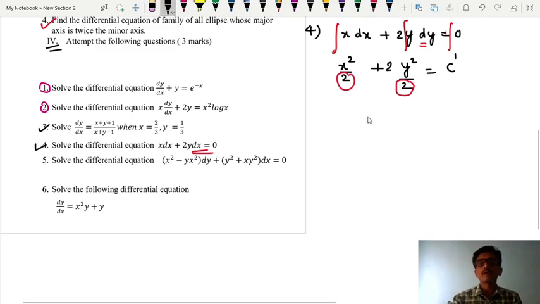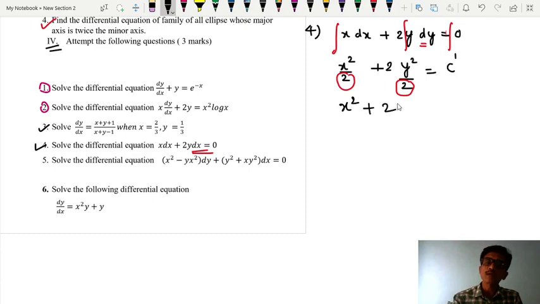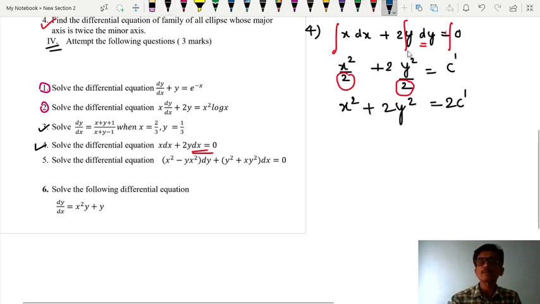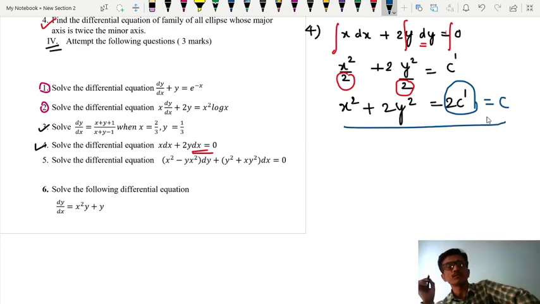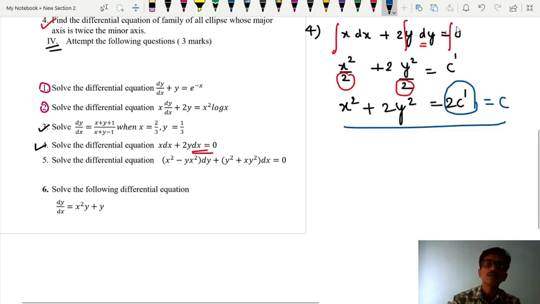So what we will get? x square plus 2y square is equal to 2c dash, and this 2c dash we will write as c only. So the solution of this differential equation, a very simple question, is x square plus 2y square is equal to c.